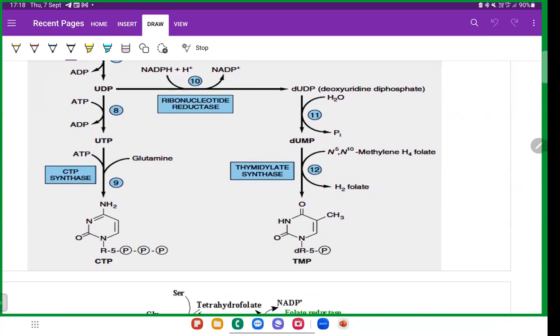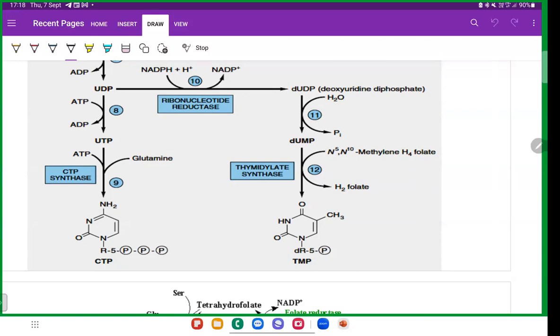In the presence of thymidylate synthase, it is going to get converted into thymidine monophosphate. So it is now converted into thymidine monophosphate. Okay, you got thymidine monophosphate. Similarly, UDP gets converted into UTP.